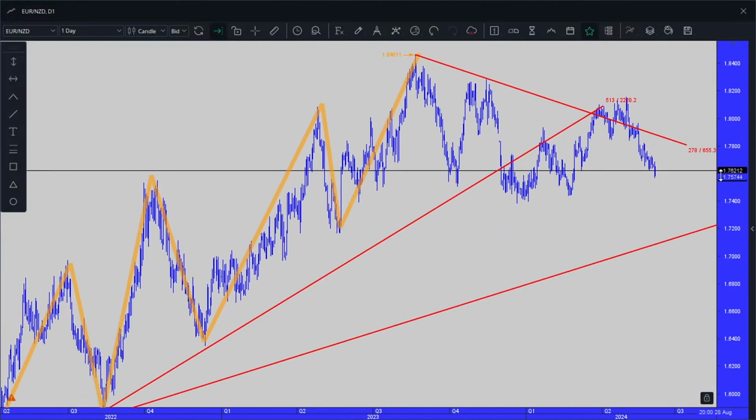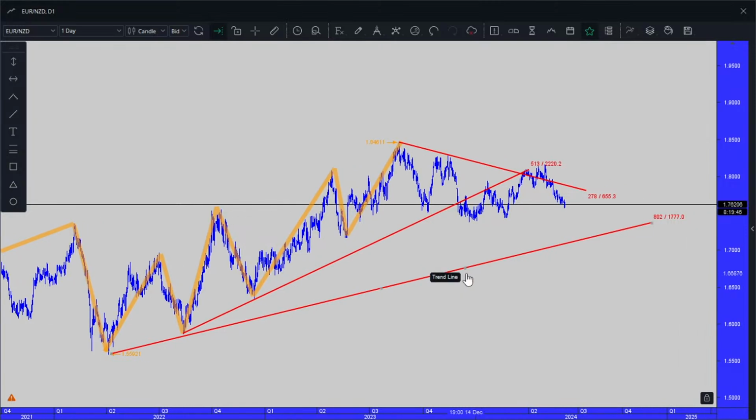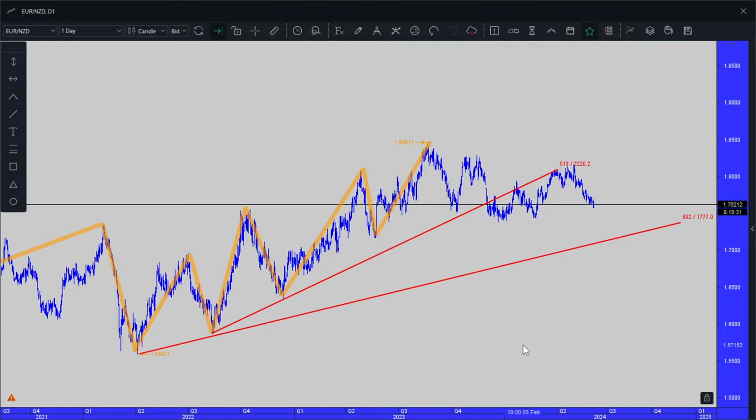Boss, I don't know. Well, you've learned probabilistic thinking. Is the market in an uptrend? Yes or no? Sam says short.